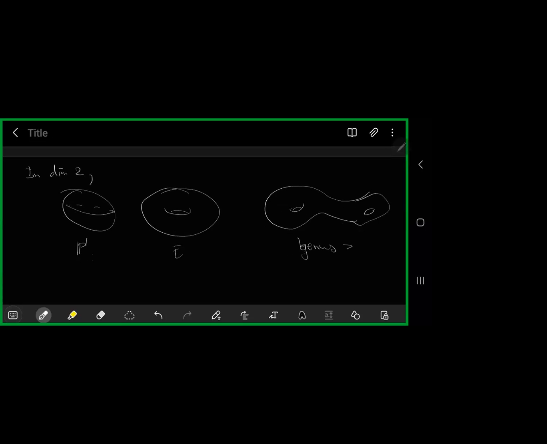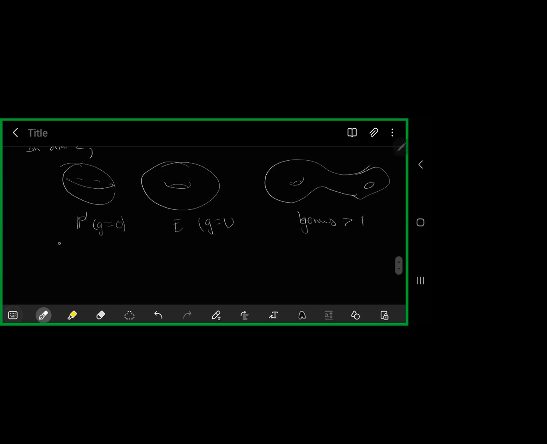Genus in this case is 1, here it's 0, and genus is just the number of holes in dimension 2, and then genus greater than 1. In the genus 0 case, the curvature is greater than 0, in the elliptic case it's 0, and in this case it's negative.